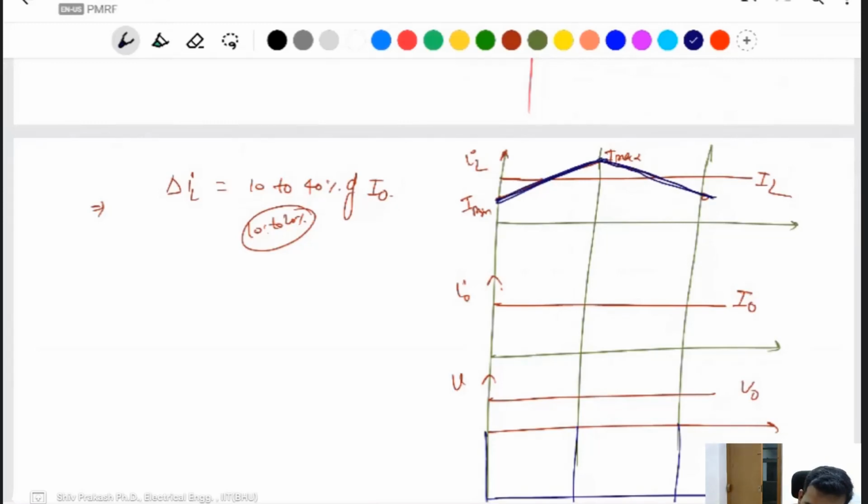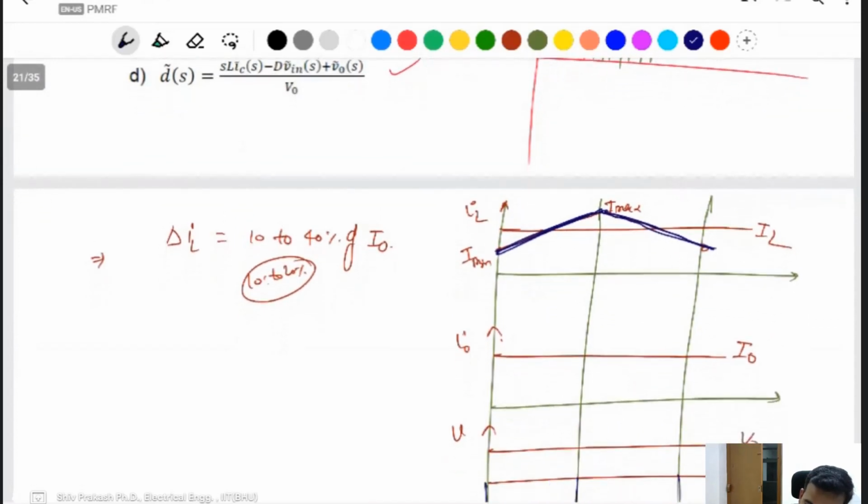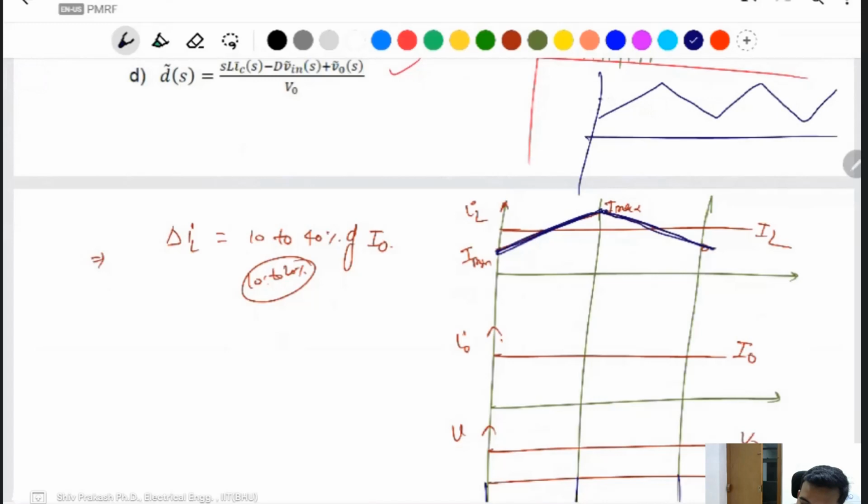If you have a ripple in the inductor current, it means there is some AC signal. Pure DC means the frequency will be 0.